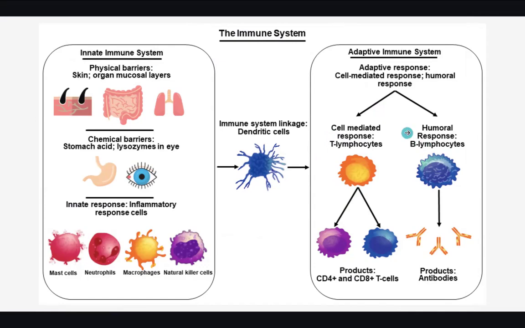And then you have the humoral response, which is a response coming from the B lymphocytes, wherein these B lymphocytes will identify the antigen so that they will know what particular antibody to produce. Okay, so B lymphocytes produce the antibodies which would attach to the microorganism so that the body will be able to detect them properly. So, okay.